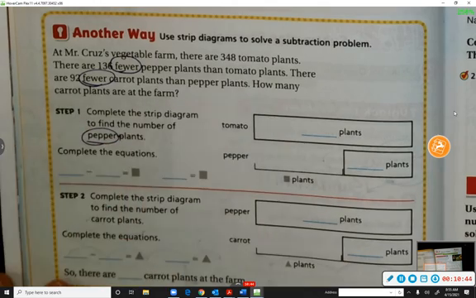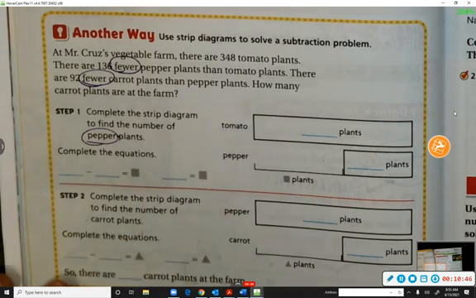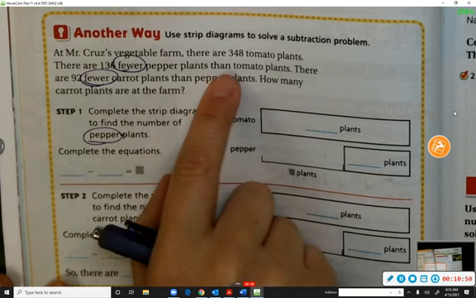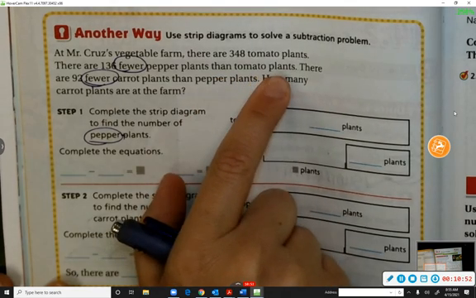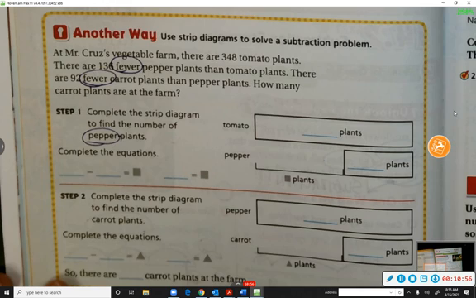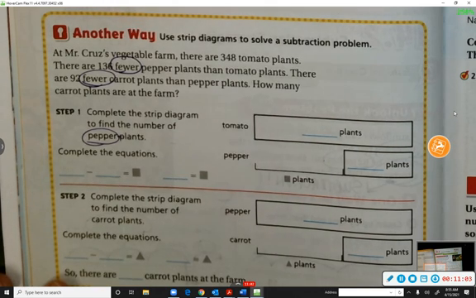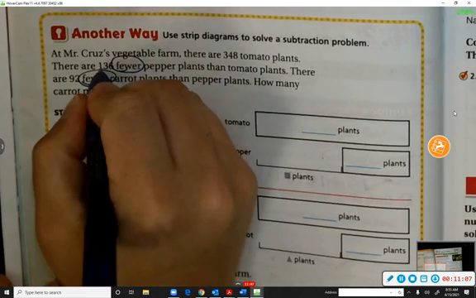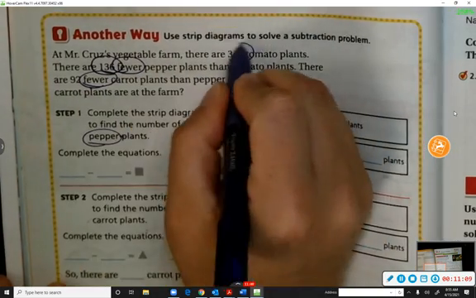Okay, so if pepper plants are 136 fewer than tomato plants, then what do I need to do? What numbers do I need to use? Kelsey? 136 and 348. Good. I need to use the 136 and 348.